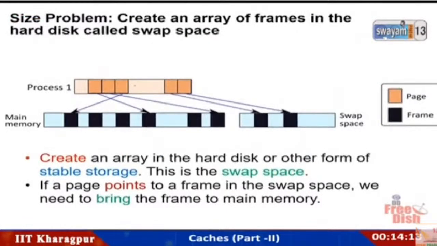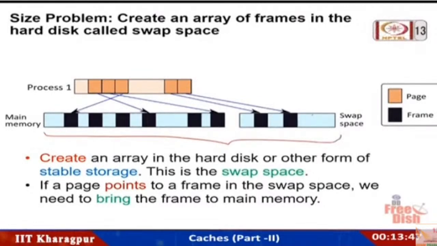Let us now solve the size problem. What we do is that along with the physical main memory, we create another region in the hard disk or any other form of stable storage, it can be a flash drive as well. There we take a region such that the combined size of the main memory and the swap space is equal to the actual memory requirement of all the processes.